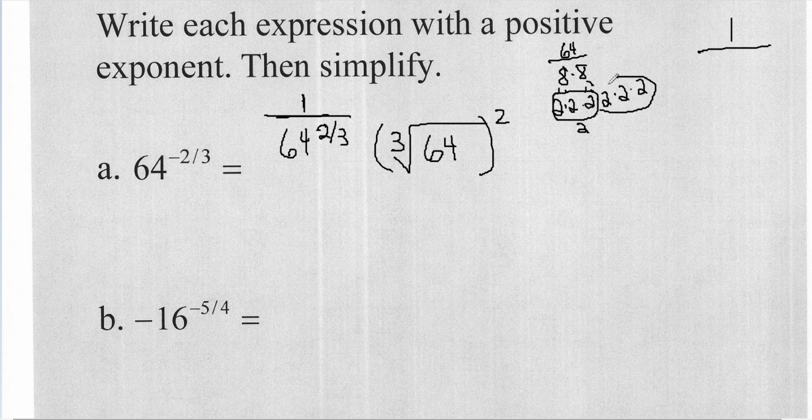Here's another 3 2's, take that out. 2 times 2 is 4. So this becomes the cube root of 4 times 1. So that's just going to be 4. And I square it. This inside here is 4, and then I square it, and it's going to be 16. So I end up with 1 over 16, and that's my answer.